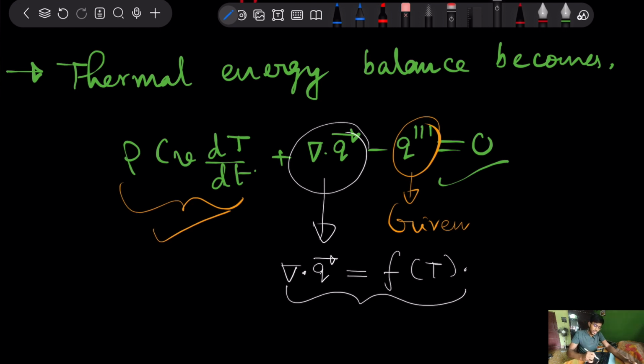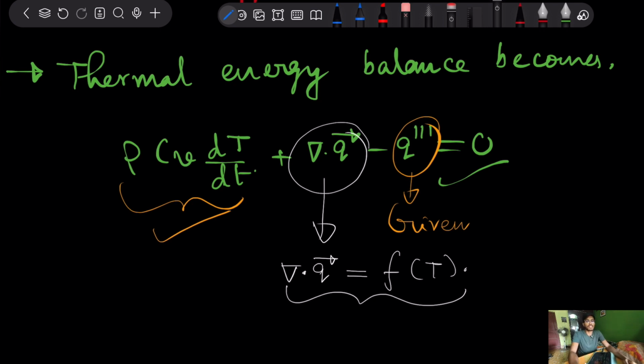But the second term is a function of temperature, and we don't know that function. The third is the volumetric heat generation, which is either given or you have to model as per your practical problem.